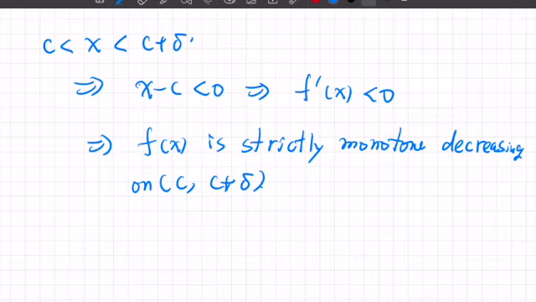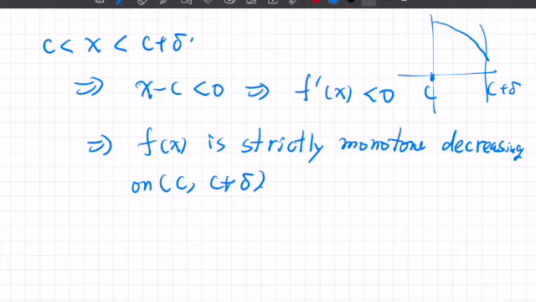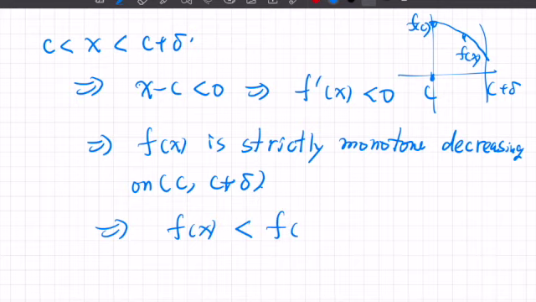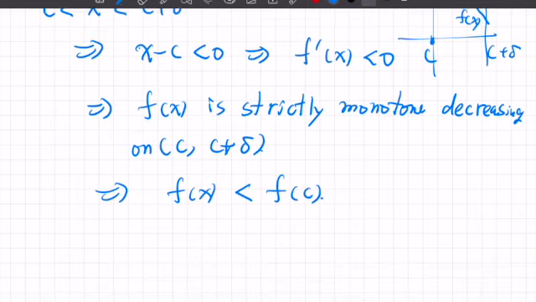So that means if you plot, between c and c plus delta, it's strictly monotone decreasing, something like this. So this is f of c and this is f of x. So that means f of x is less than f of c.